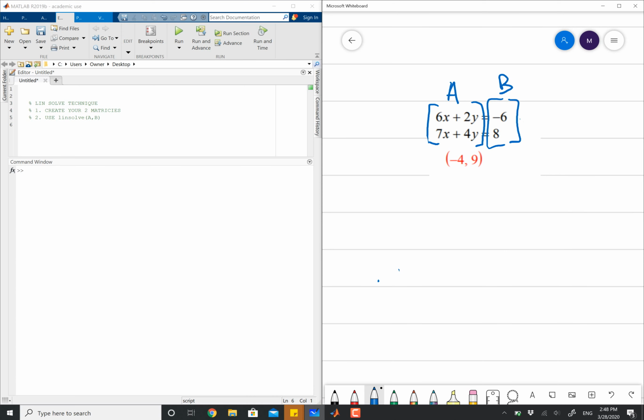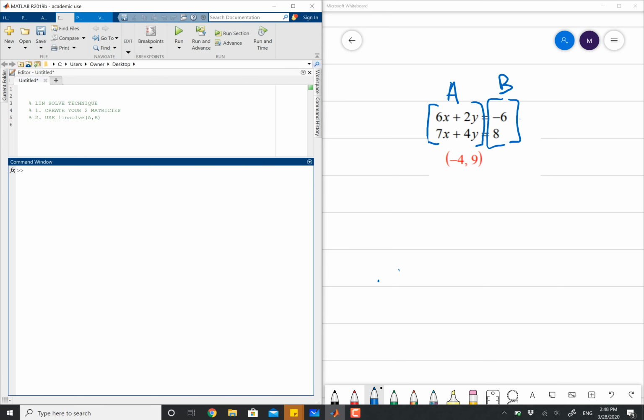So, let's go back to my MATLAB and go to the command window. Matrix A is going to be equal to, I'm going to start with 6, 7, semicolon, 2, 4, close bracket. If we press enter, you can see that your numbers are lining up: 6, 7, and then 2, 4.